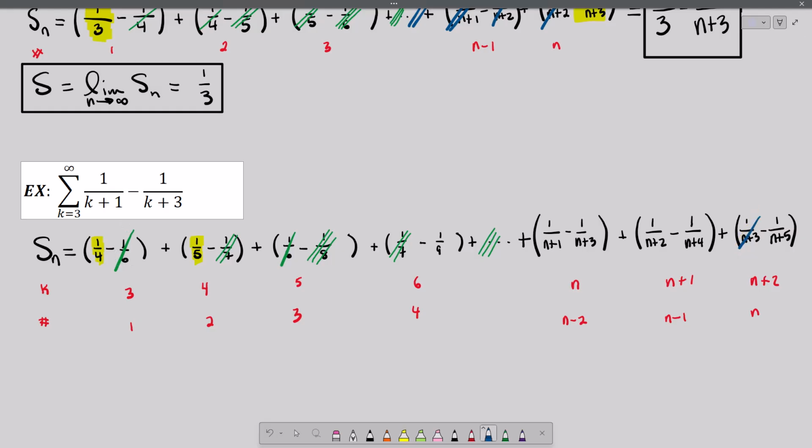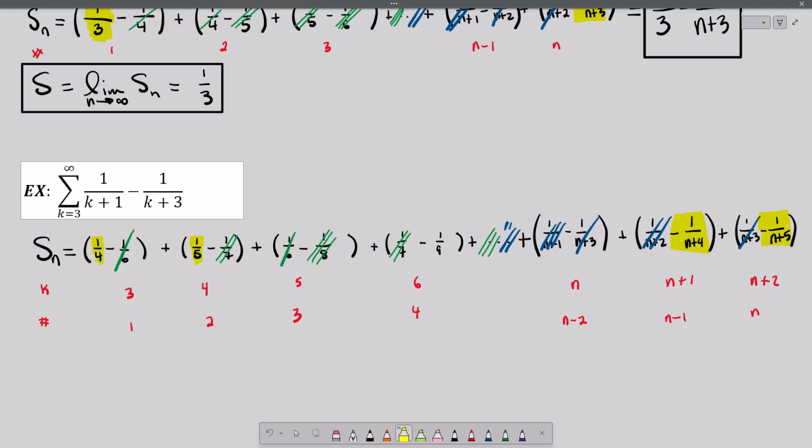That first part cancels with a second part after a jump. So we're going this way. This first part is going to cancel with a second part after a jump, so it's going to be somewhere in there. This first part will cancel with something in there after a jump. So going this way, all these first parts are canceling, and these two second parts down here are not going to cancel. So those are preserved.